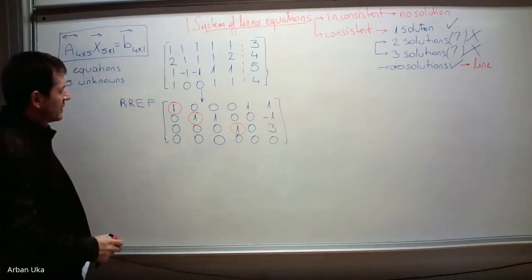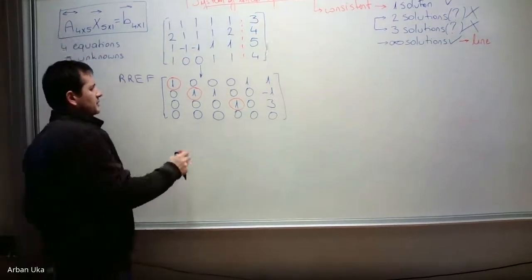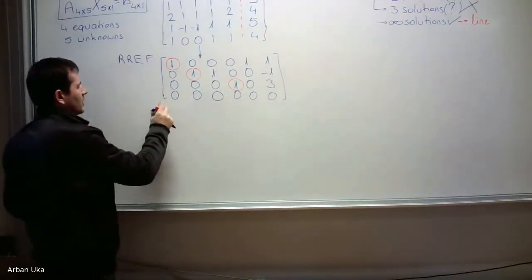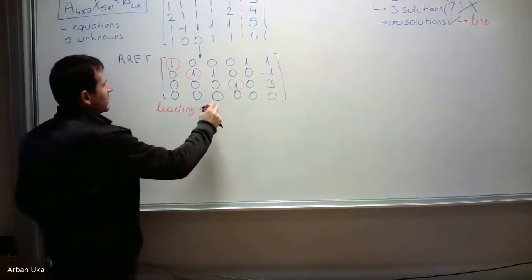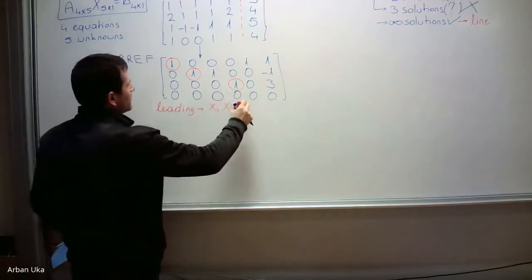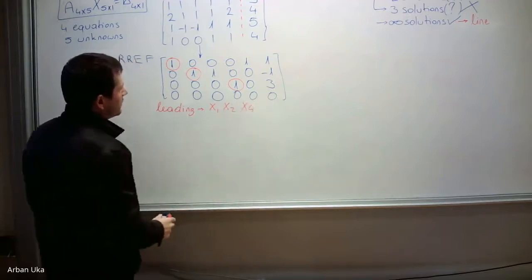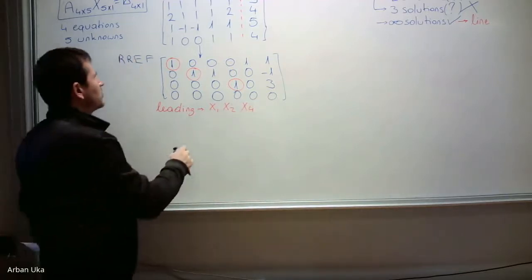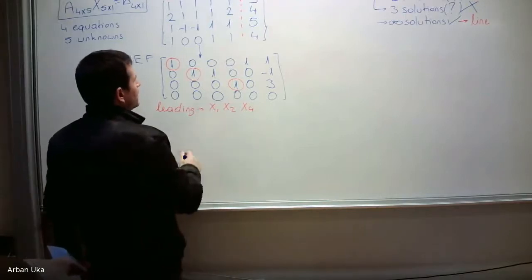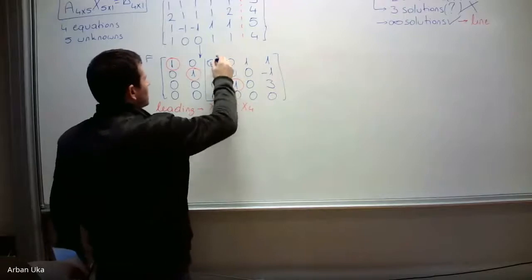So the leading terms are x1, x2, and x4. The terms that are non-leading, we can denote in blue, are x3 and x5.